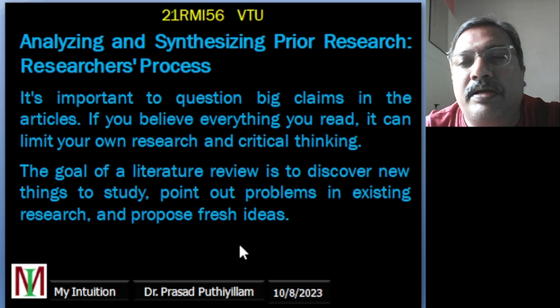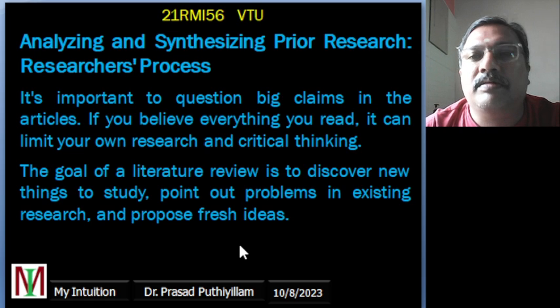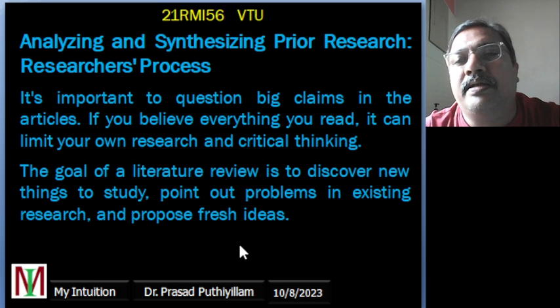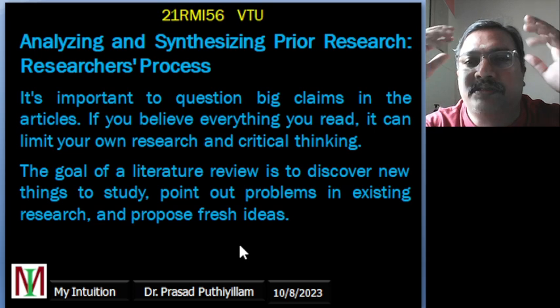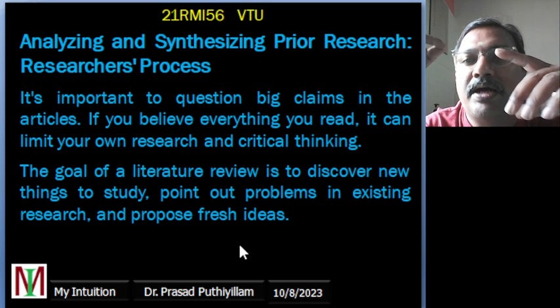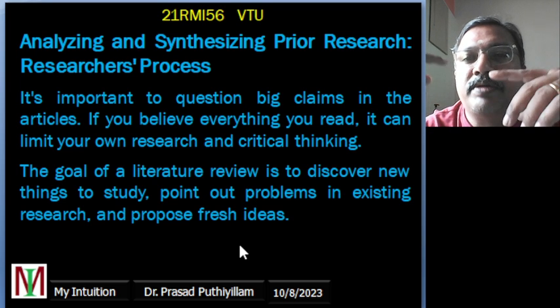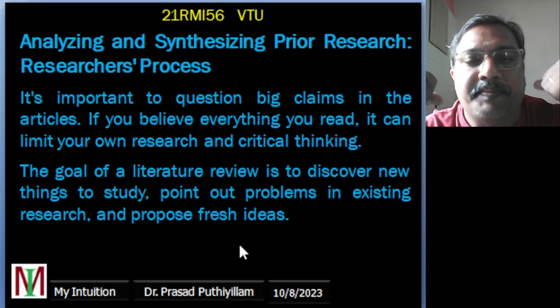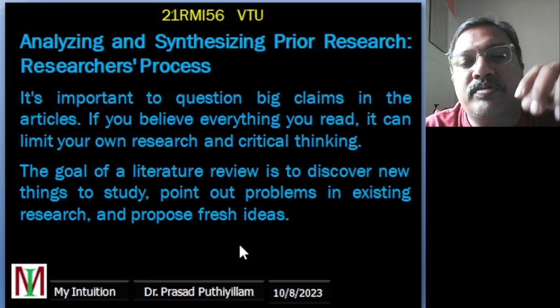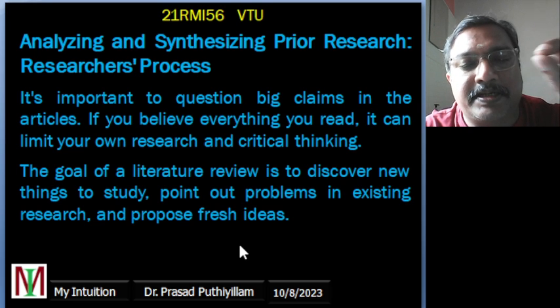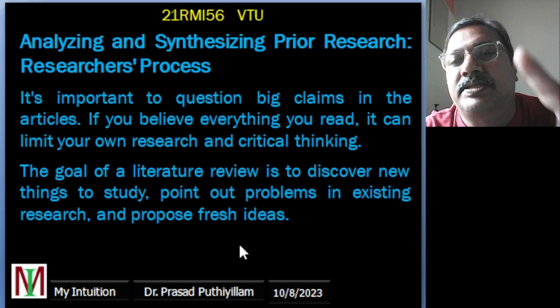If you are reading a research article or a textbook, we should not read it and accept it as such. We should always doubt it. We should ask big questions. Whatever they are finding, we should analyze it and ask what next can be done. The goal of a literature review is to discover new things to study, point out problems in existing research, and propose a fresh idea.